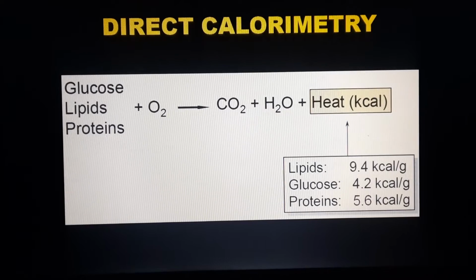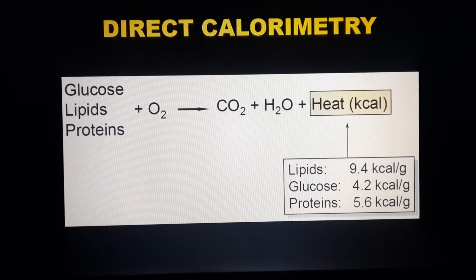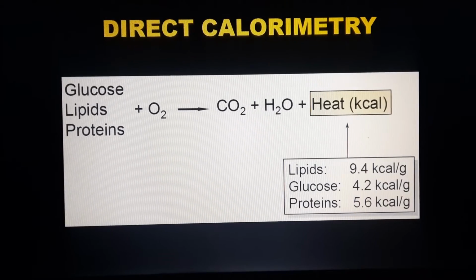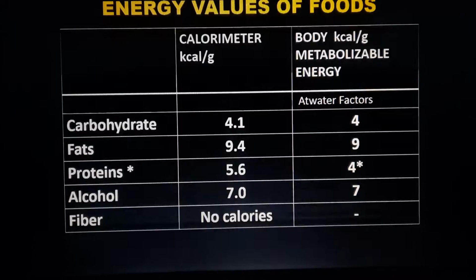it is combusted, will produce 4.2 kilocalories, and 1 gram of proteins, when combusted externally, in vitro, will produce 5.6 kilocalories.